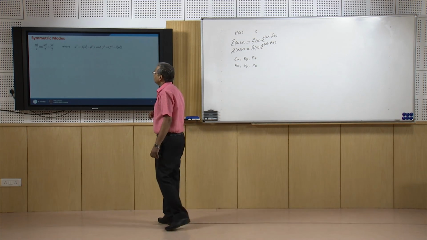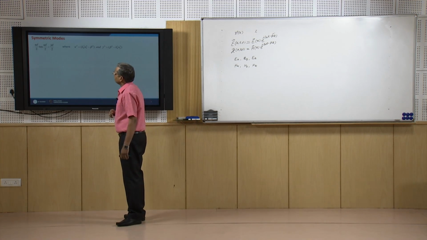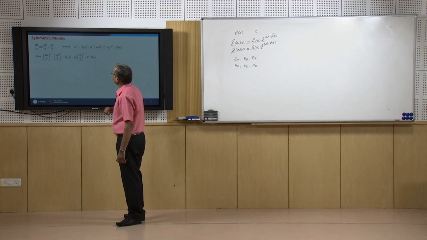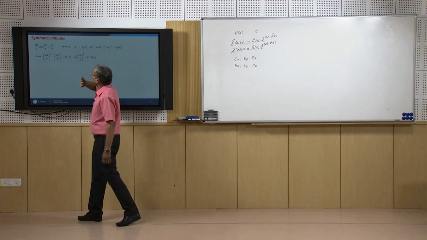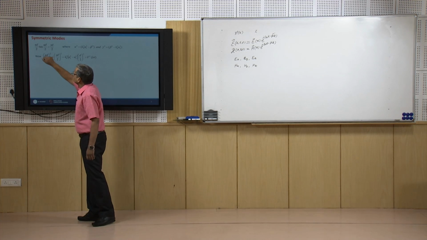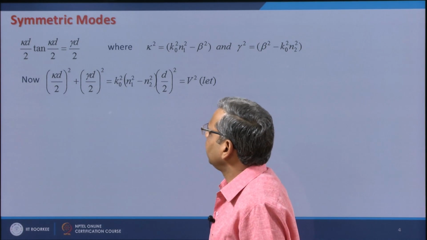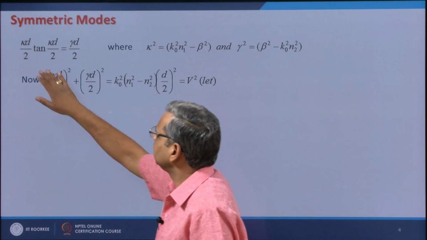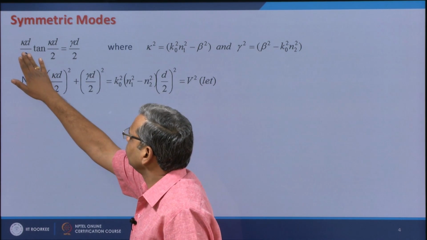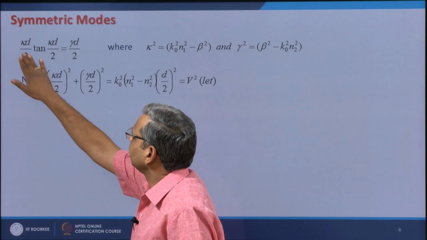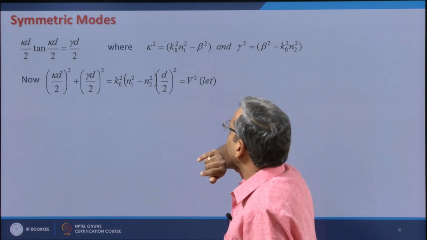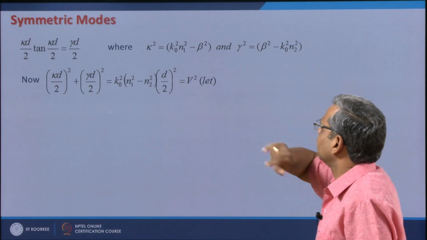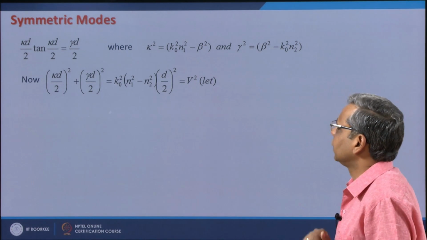To do that, we take this transcendental equation, and here we see there are two terms appearing which contain kappa d by 2 and gamma d by 2, where kappa square is given by this and gamma square is given by this.